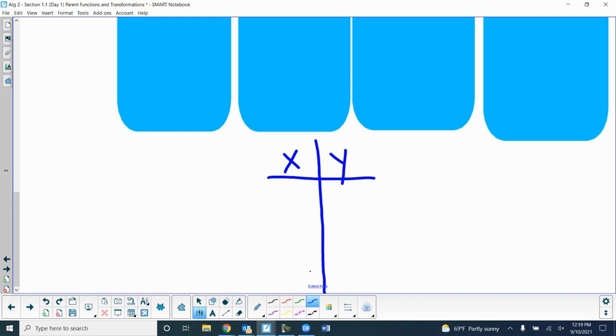And what did we always use for the domain, the X value? Right. Isn't that how you started when you first were introduced to graphing lines? You guys remember that? Way back in the 70s when I was a freshman in high school. That's how they taught me too, the XY table.